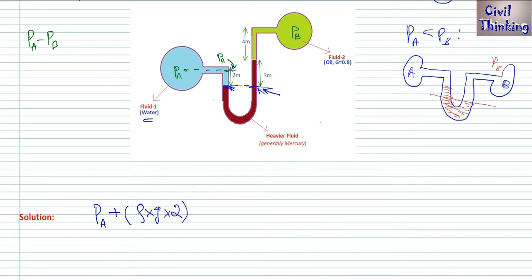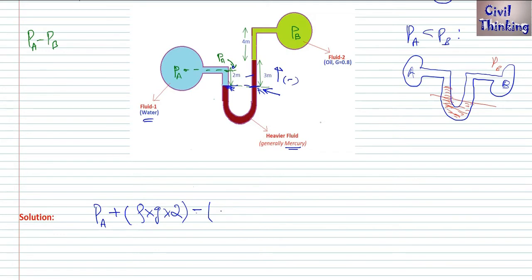Now from here we have to go upwards because we have to go towards PB. We want to find PA minus PB. We have PA and we have to go towards PB, right? We were here, now we are going upwards 3 meters, means negative. Upward means negative, so we'll use negative. Now this is mercury, right?